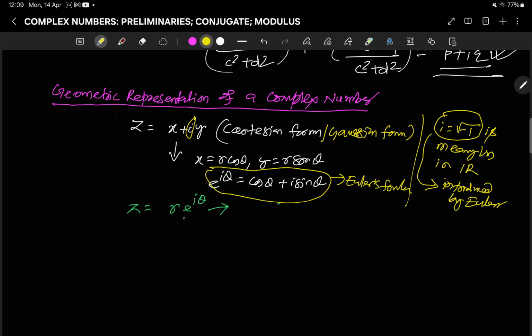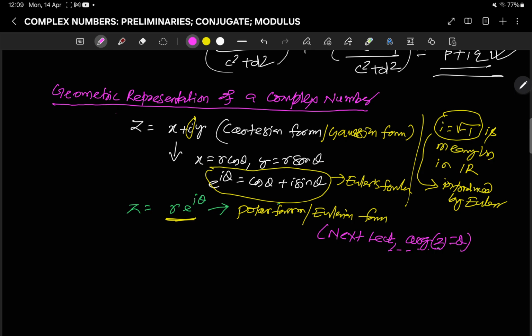So in view of this, z is equal to r e to the power i theta is known as the polar form or Eulerian form. We will discuss it in detail in the next lecture, about the amplitude or argument of z, my theta.